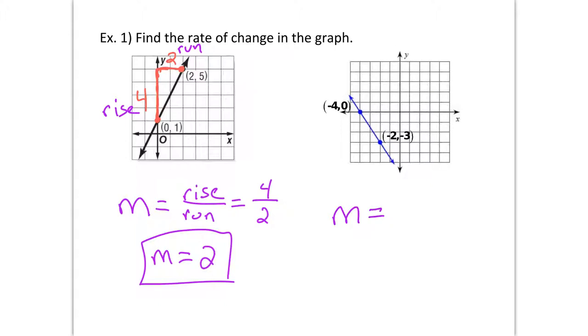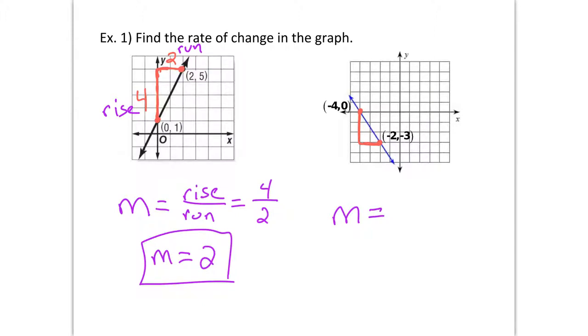M equals, and let's go ahead and check how many steps I go down, how many steps I go to the right. So I notice that I have to go from these points to the one down here. That means I have to go down, and right here I need to make a right turn. I went down and then right, and I need to know how many steps I have to move.